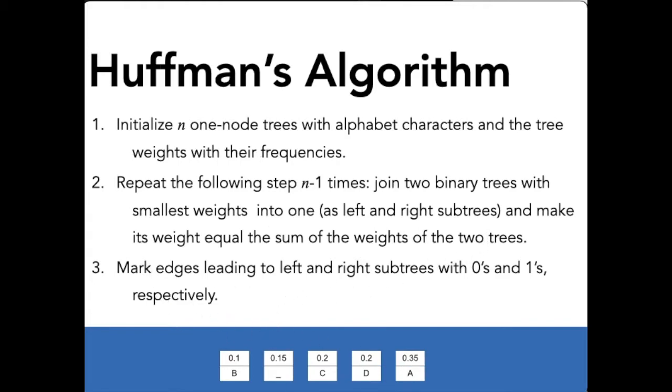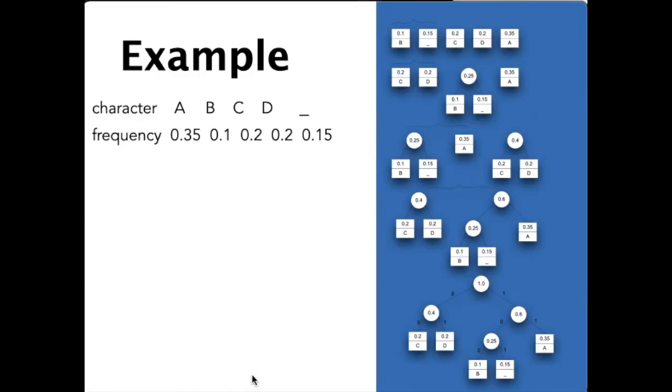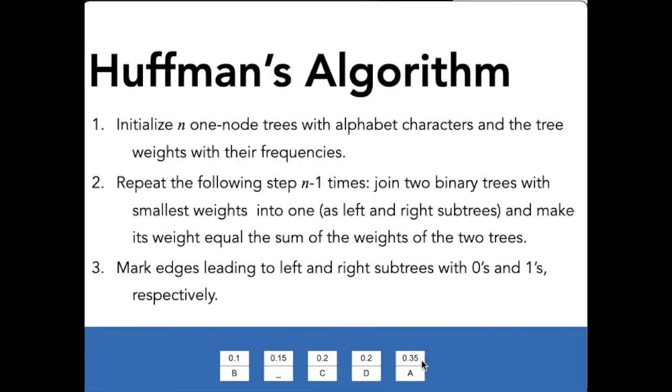And then what's next is to combine the least two nodes and create an internal node with the sum of the frequencies. So for the first iteration, we have this, and for the second iteration, we can have one internal node for B and space with the total frequency of 0.1 plus 0.15, so that's 0.25.